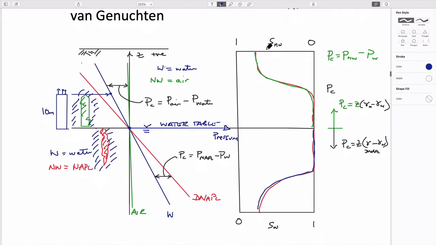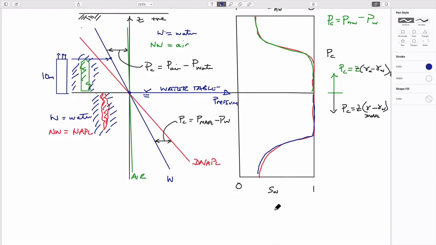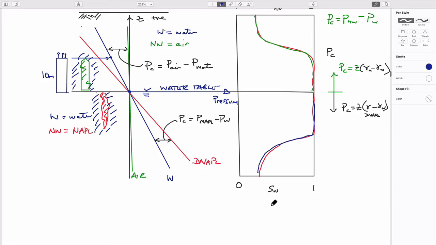thing we should mention is that these saturations that we're talking about here are often referred to in terms of volumetric moisture contents, theta, which vary between 0, when there's no water in the place, and porosity.